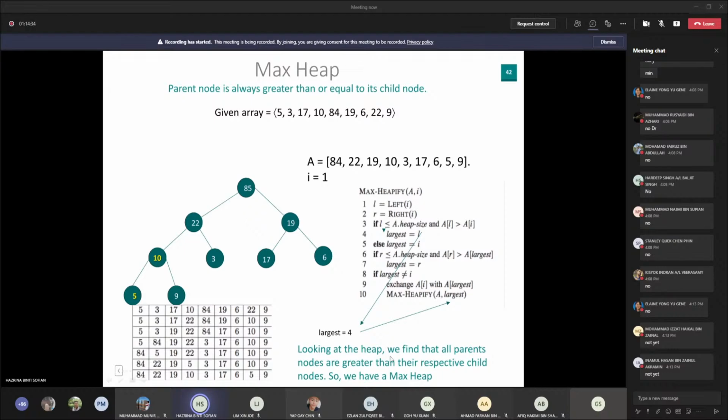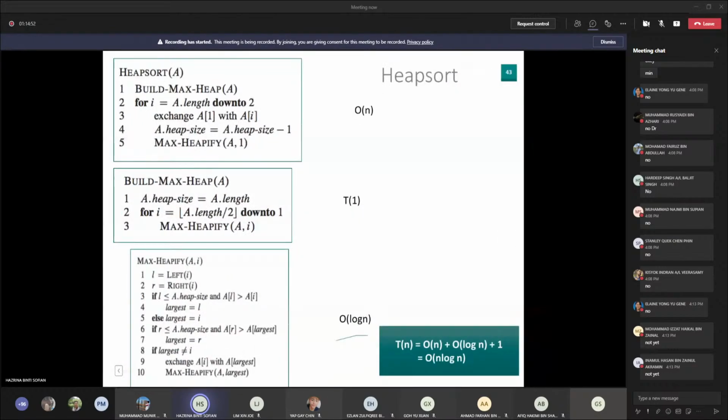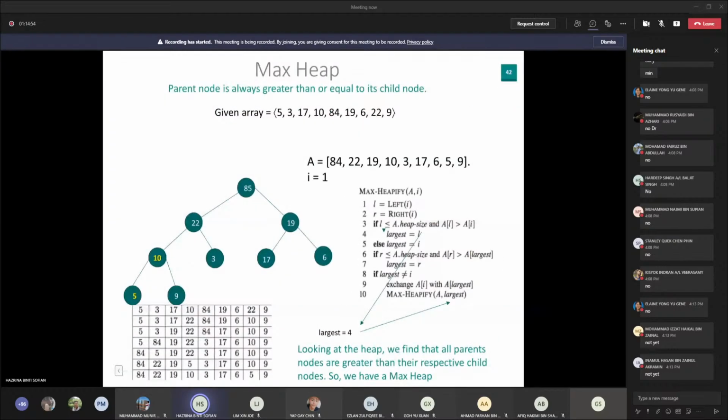Looking at the heap, we find that all parent nodes are greater than their respective children nodes, so we have a max heap. Okay, so that's all for the max heap.